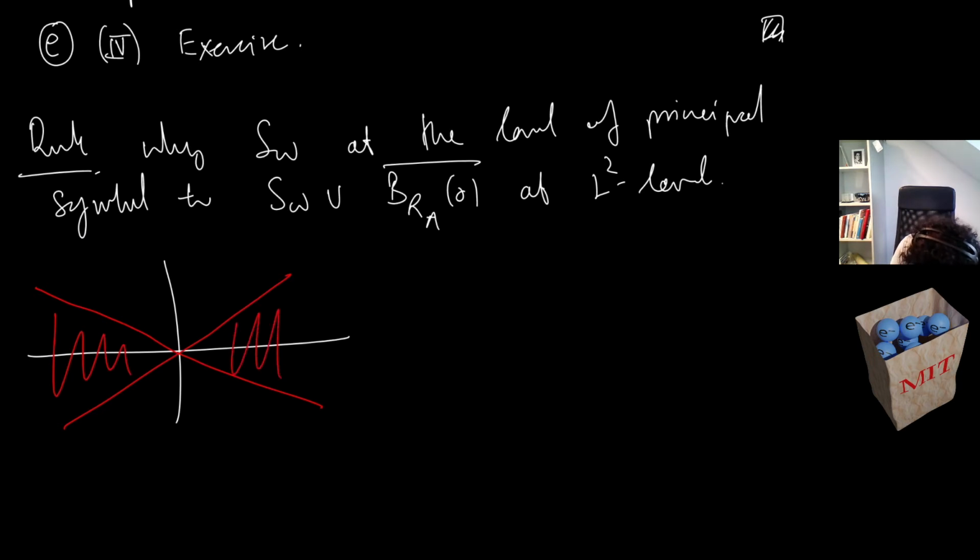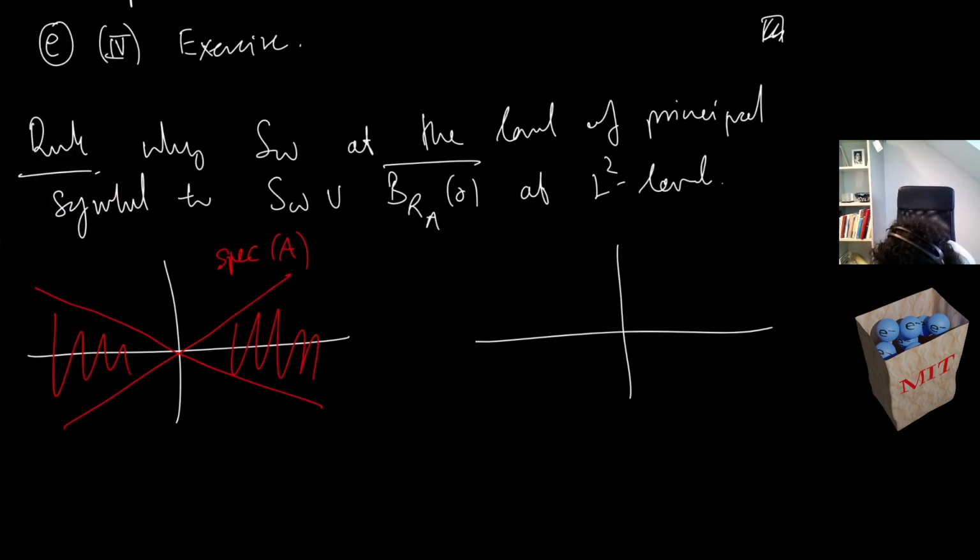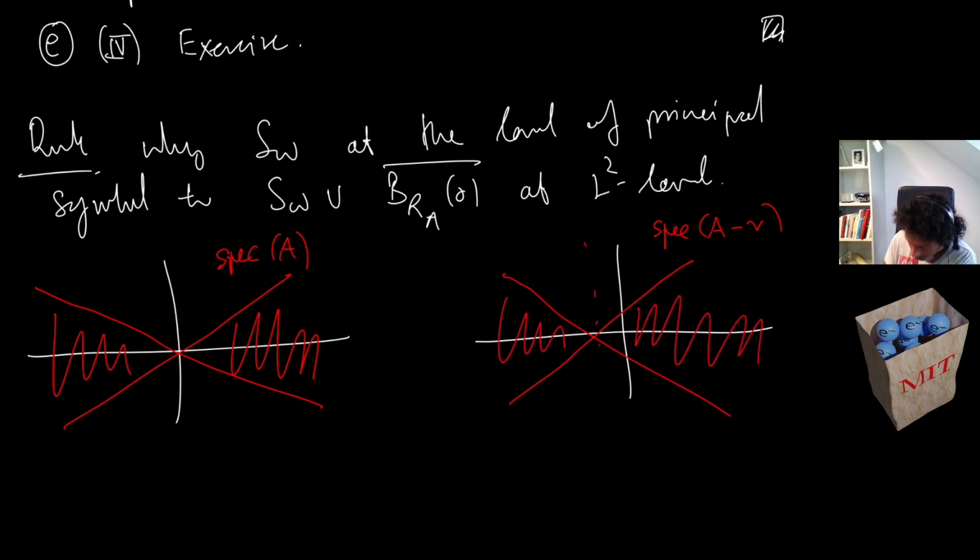So suppose that this is the spectrum of A. Now let me consider the operator A and we subtract some R. So now we look at the spectrum of A minus R. So let's say R is some number, then we end up with the spectrum looking like this. All we've done is subtract R from the operator.